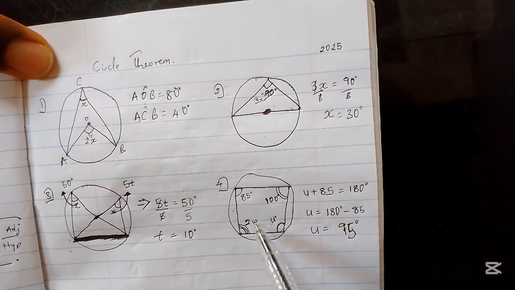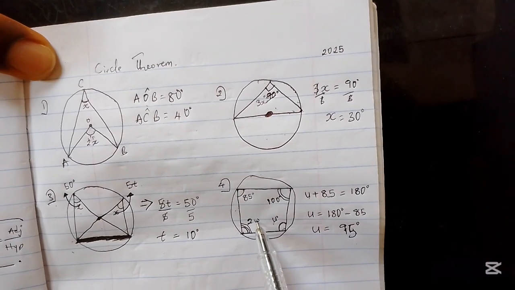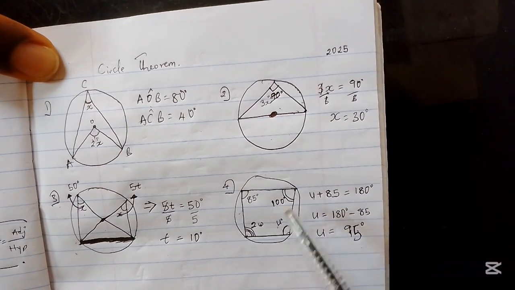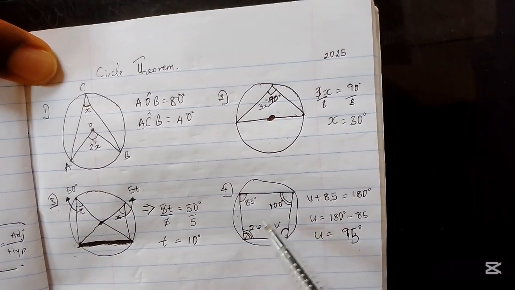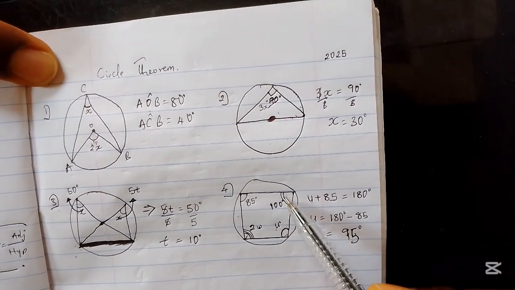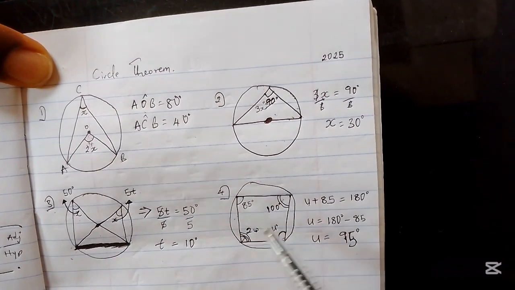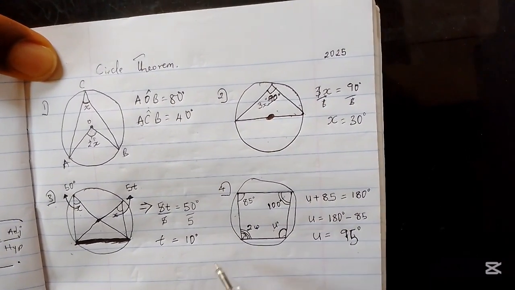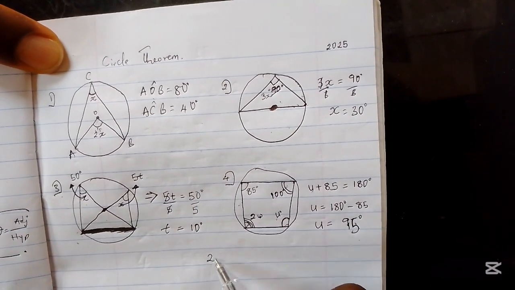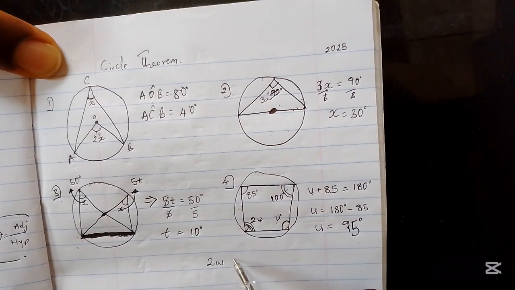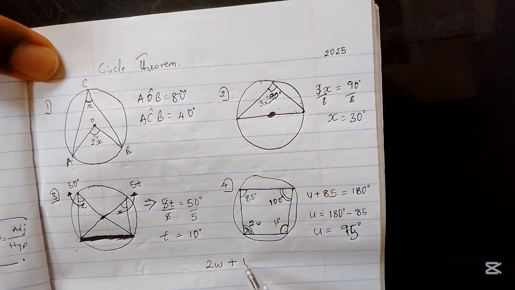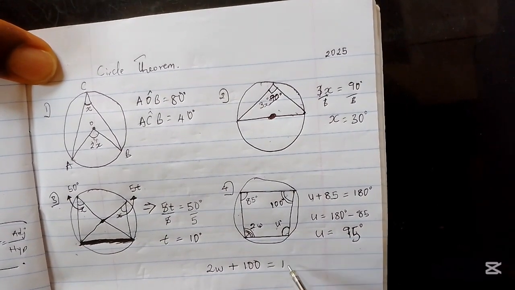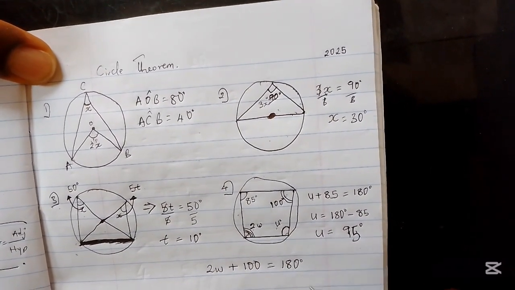Then to find the value of W won't be very hard. Let's do it. Remember, the sum of the two opposite angles of a quadrilateral will give me 180 degrees. This angle is opposite this one. This is opposite this angle. That's what we are talking about. So in essence, the angle 2W added to 100 degrees must give me 180 degrees.